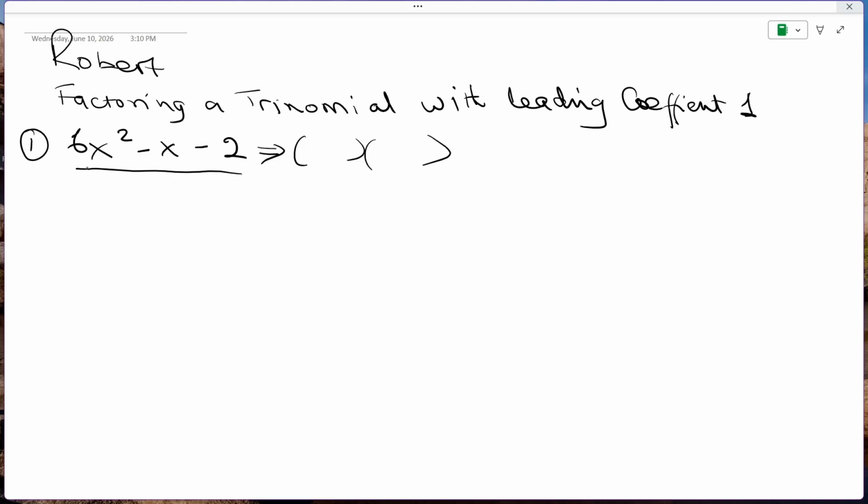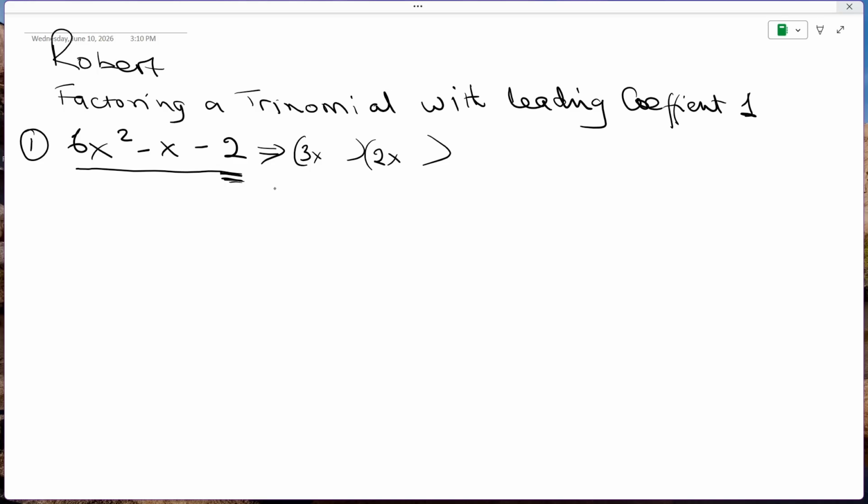So we look for two factors that, when multiplied together, will give us 6x squared. And you can break that out to be 3x and 2x, because when you multiply 3x by 2x, you get 6x squared. And then we look at our constant here, which doesn't have any variable.